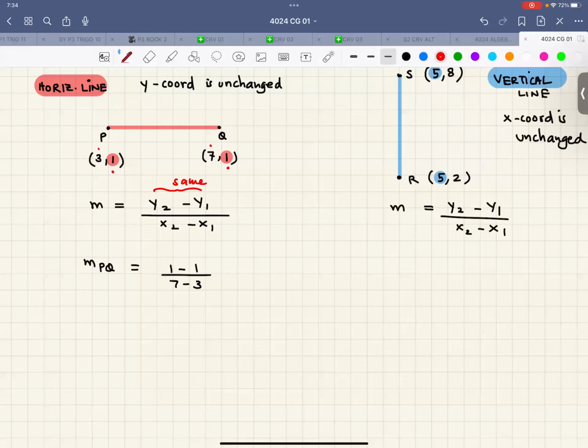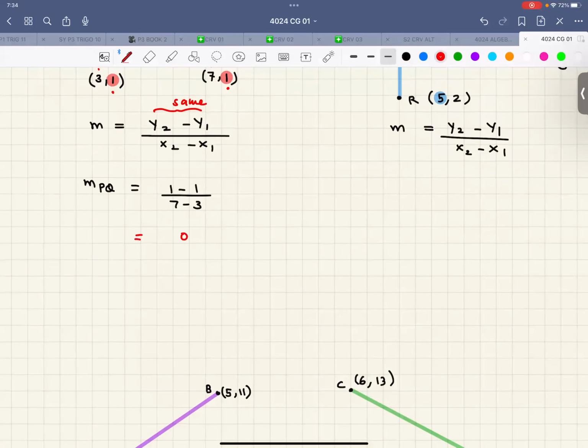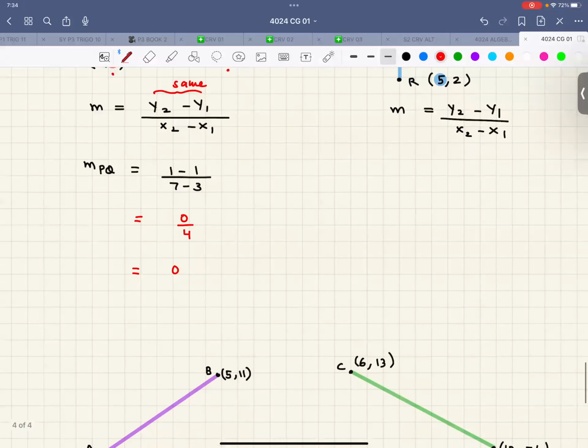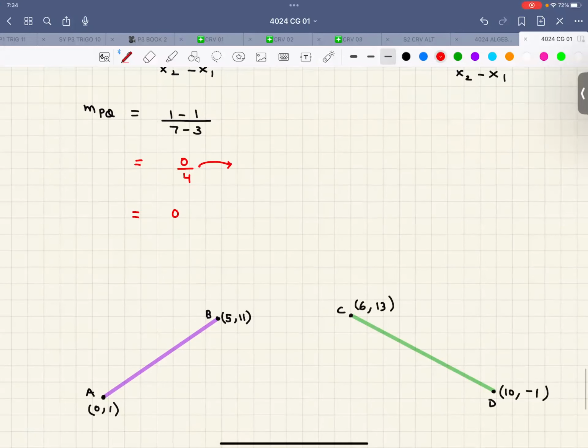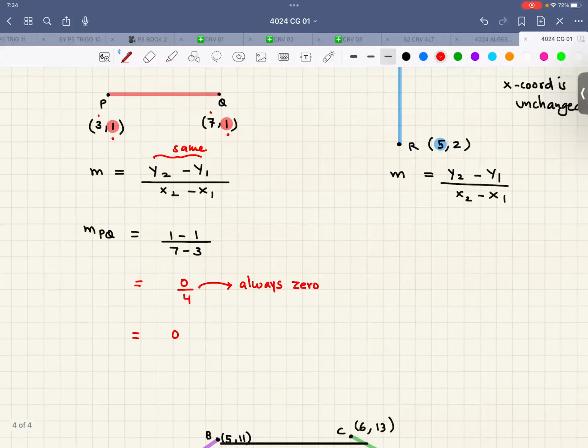And this is x2 minus x1, which is 7 minus 3. Therefore, this comes out to be 0 over 4, and 0 divided by any number is 0. So remember the rule, 0 divided by any number is always 0. I'll make you understand the logic a little bit later. You can put it in the calculator, and this is what you're getting.